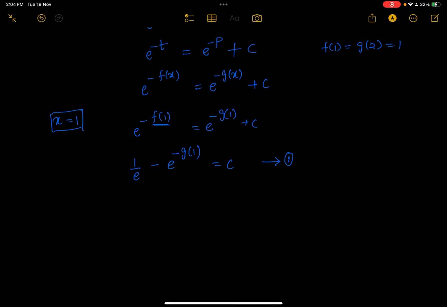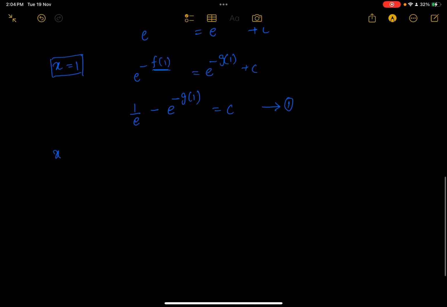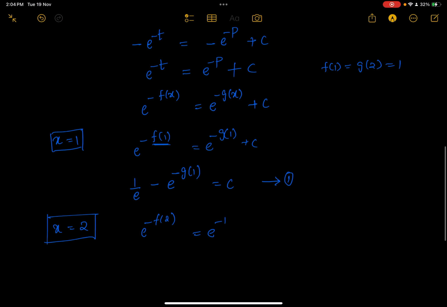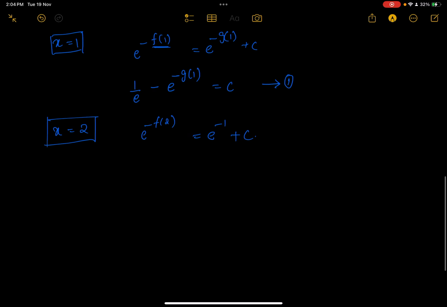So this is 1, and put x equal to 2 in the above equation. So then we will get e to the power minus f of 2 is equal to e to the power minus g of 2, which is also 1, plus c. So c is equal to e to the power minus f of 2 minus 1 by e. So this is 2. From 1 and 2 equate c.